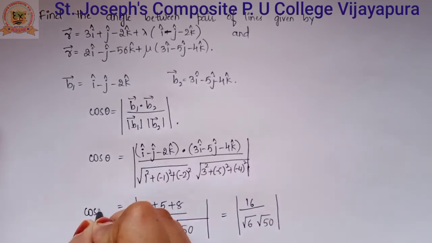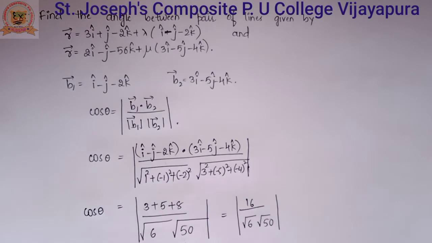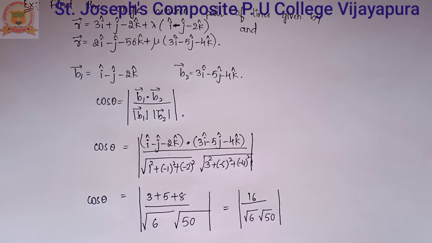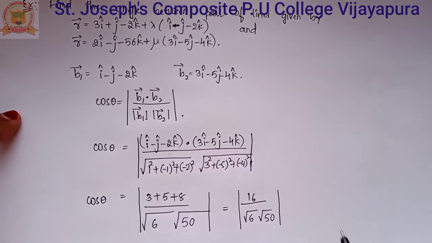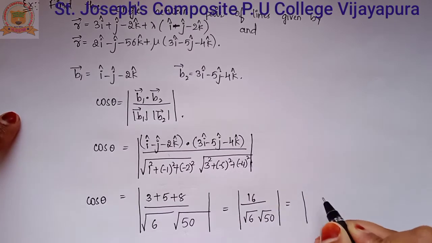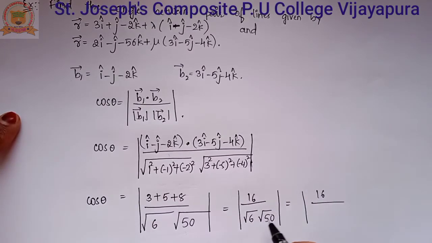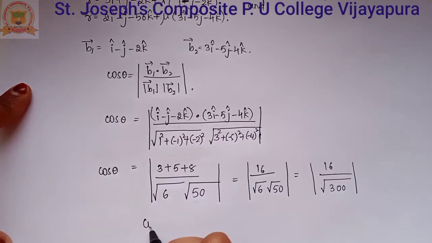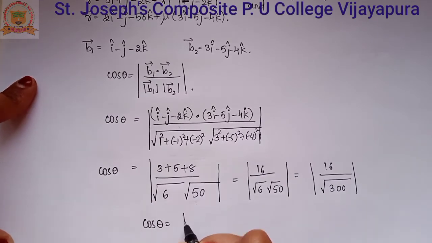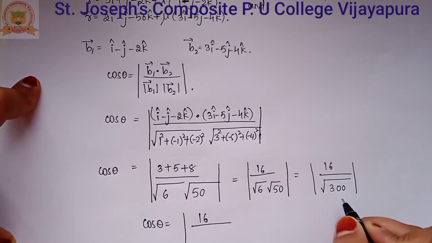This cos theta is equal to mod of 16 by root 6 into root 50. Again simplify, this can be written as mod of 16 divided by root 6 into root 50, which is root 300, and again cos theta is equal to mod of 16 divided by root 300.